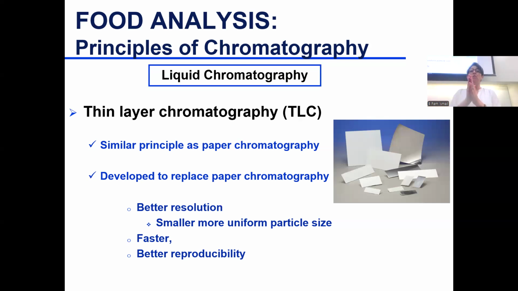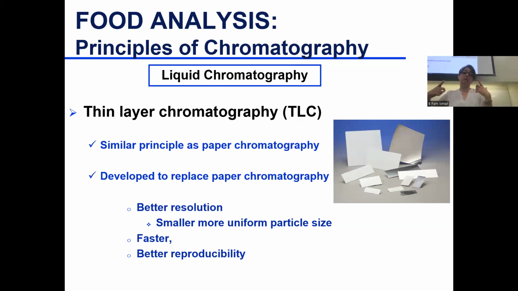So with two compounds using paper versus thin layer chromatography, with thin layer chromatography I get better separation, better resolution. Why? Because we have smaller uniform particle size. Think about your paper with crude cellulose. You don't have really homogeneous particle size. Whereas with thin layer chromatography, usually you have an aluminum background or glass.